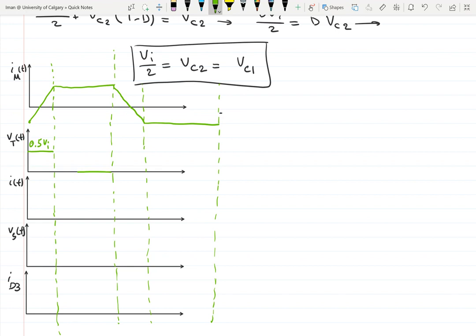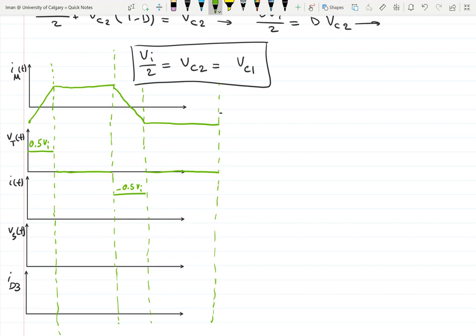Here we had the transformer voltage as 0, and then here we have minus 0.5 VI. It's very similar to the full bridge. I don't think we need to explain further on how this works.